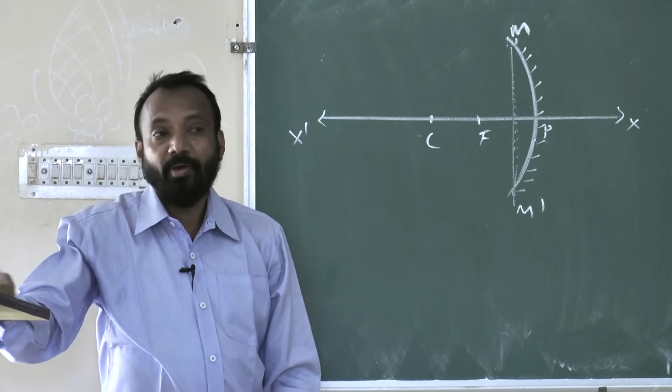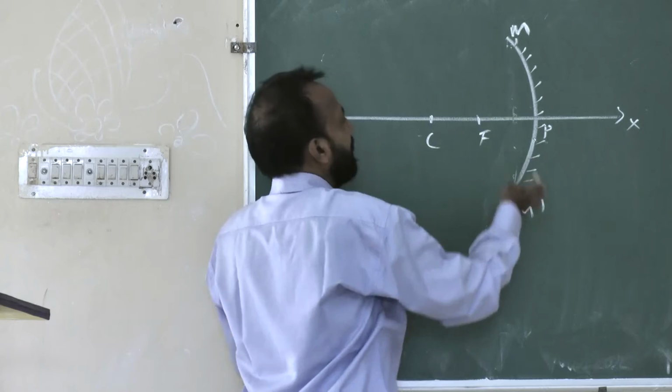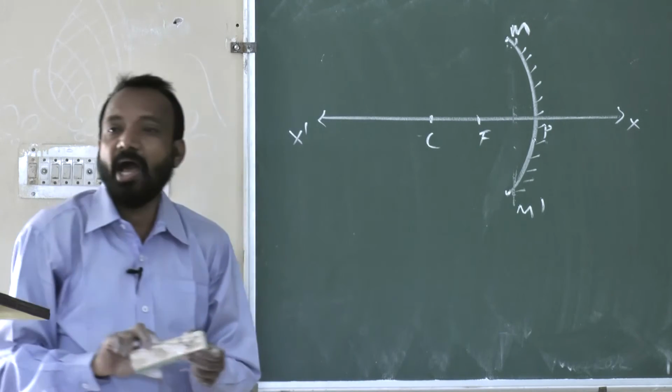Aperture. Okay, you forgot, I think. I told you before that the size of the mirror is called the aperture.